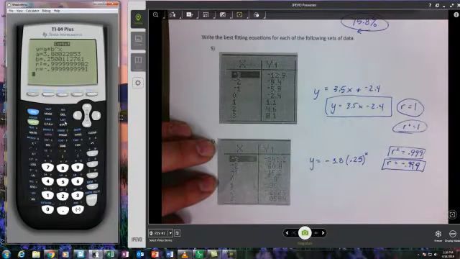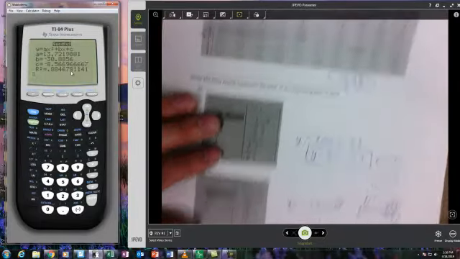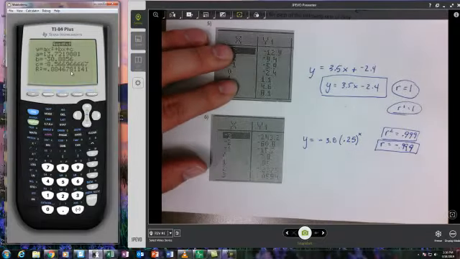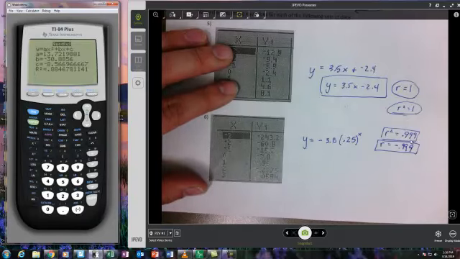For instance, what if I actually ran a quadratic regression? Here I get an r squared value of 0.885. Clearly this is not as good of a fit. It's a good enough fit if it's the right problem and it's just the best fit I can find. But when I can compare that to a 0.99, I know that I prefer the 0.99.